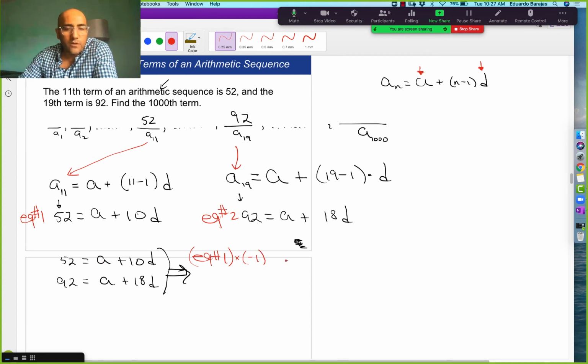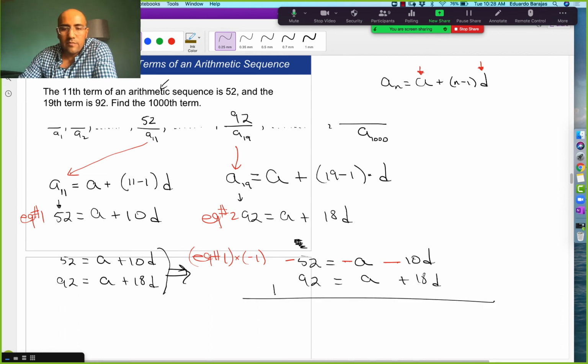So I'll get negative 52 is equal to negative A minus 10D, after I just distribute a minus through all of these. And then I'll get 92 equals A plus 18D.